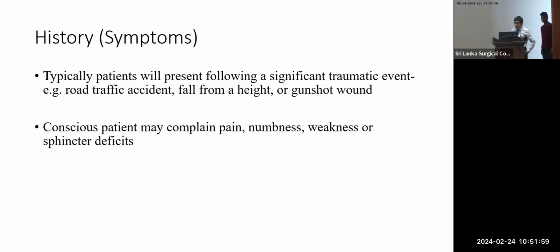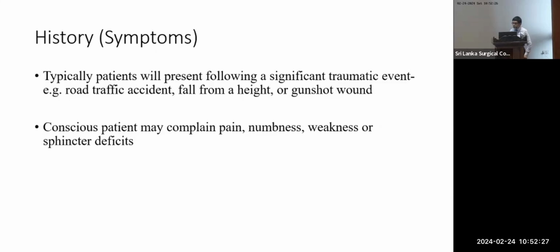When we talk about the clinical features, we always start with history or the symptoms. Most commonly these patients present following a significant trauma, maybe a fall, a road traffic accident, an assault, or a gunshot injury. In an exceptional scenario, you might get a patient found unconscious by the road or somewhere else, but that's a less common scenario.